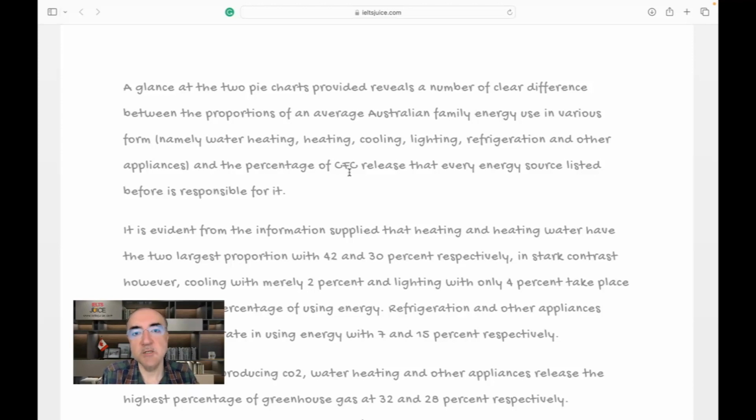And the percentages of CFC, chlorofluorocarbon. CFC is a type of gas. It is one of the gases that contribute to global warming. We have methane and carbon monoxide and carbon dioxide, but CFCs.